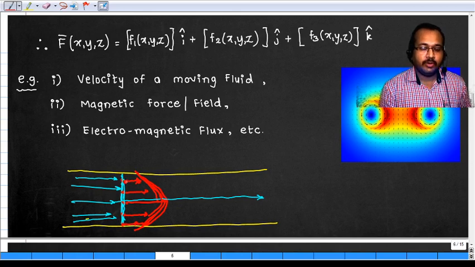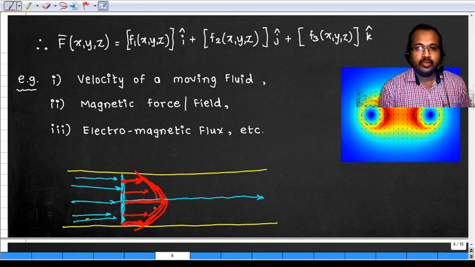If we observe the movement of the particles depending upon their distance from the bank, the particle flow will be slower towards the bank and it will move faster along the main stream. So the value of the velocity depends upon the position of that object as well as the velocity of the moving fluid.